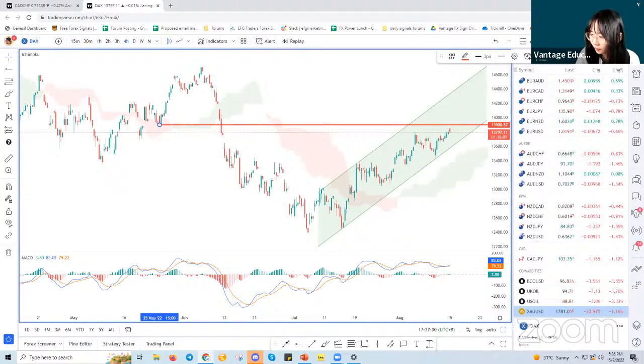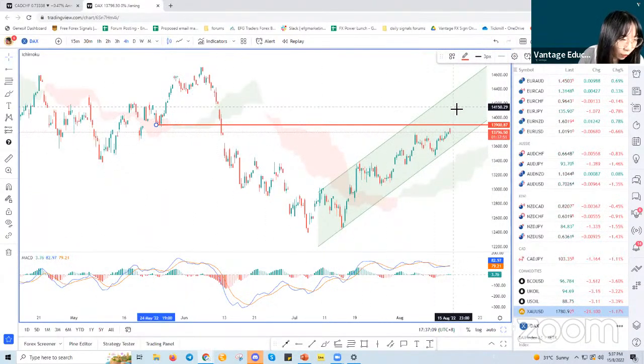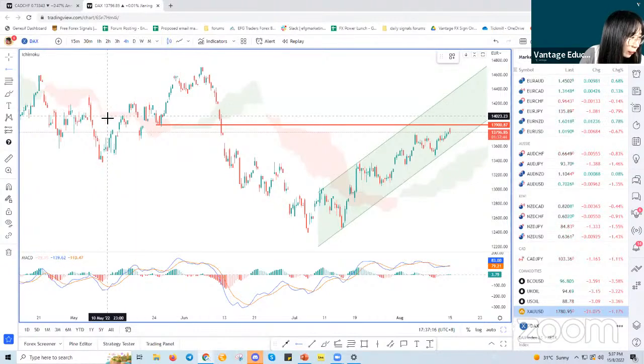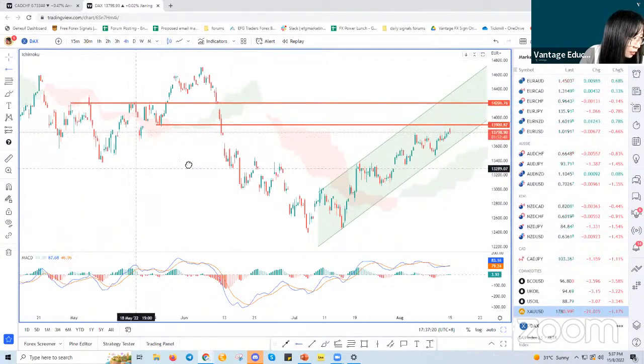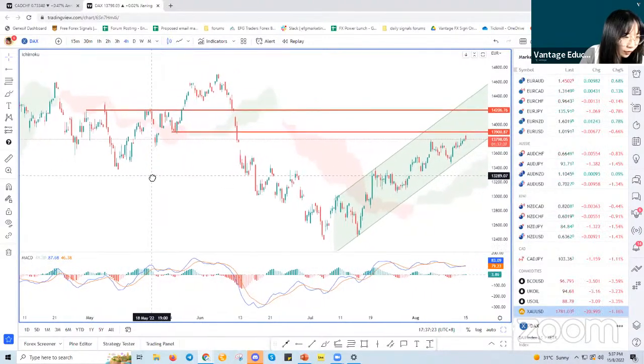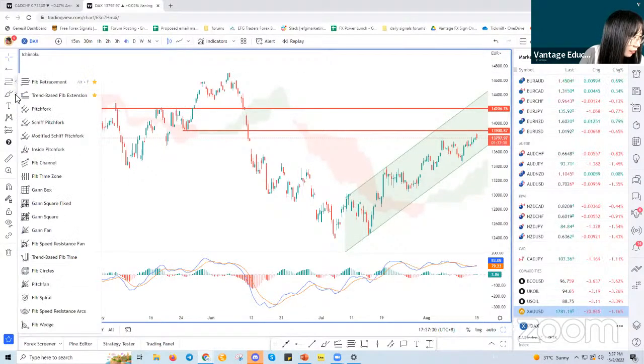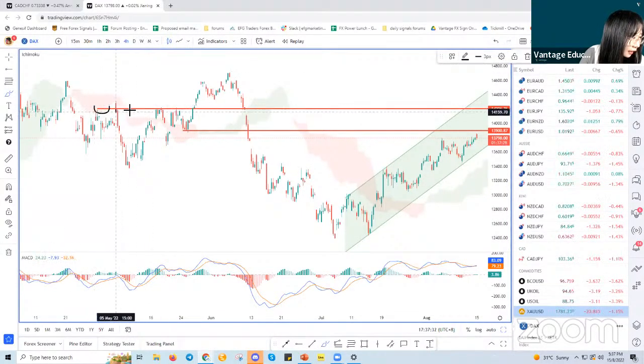So here is our pullback support. If the price breaks this resistance level, we can expect the price to go up in the future. So let me try to find where we can take profit. For me, I like to put the take profit here, because the price tested this line a lot of times here.